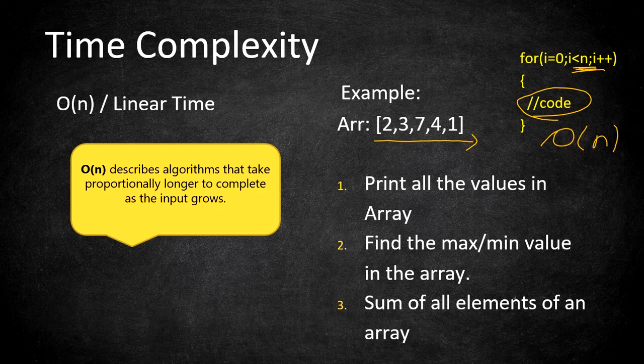So to find the maximum or the minimum element from the array, you need to iterate the complete array to fix the value. So again, you need the code to run n times to find your maximum or minimum element. Same way, for the sum of all elements of an array, if you want to calculate the sum of a given array, you have to iterate the complete array and return the sum.